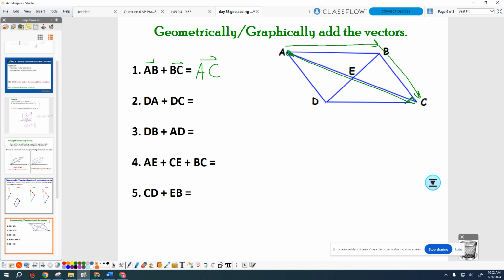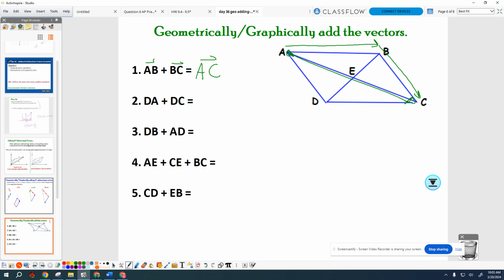Tycho, what did you get? Maybe it's C to A. DB, AB.